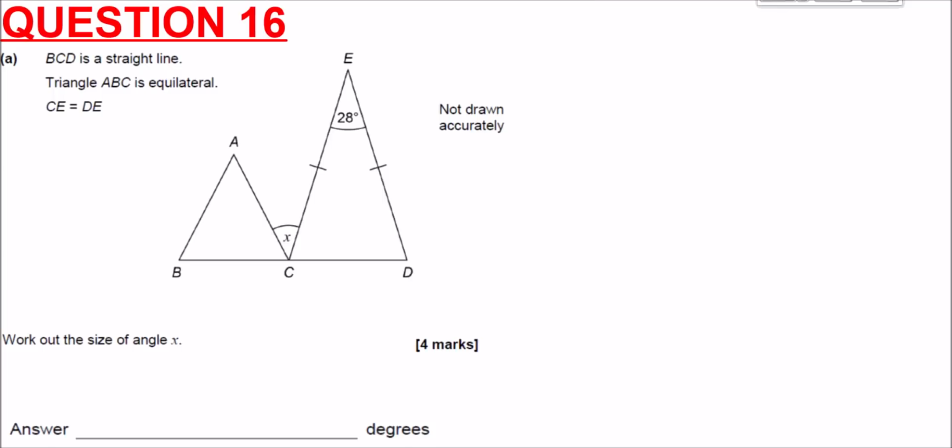Question 16, and we've got some angle facts to consider. First of all, BCD is a straight line and triangle ABC is equilateral. CE equals DE. And so if CE equals DE, and the line's been marked like this shows that as well, then we know for definite that this triangle here must be isosceles.